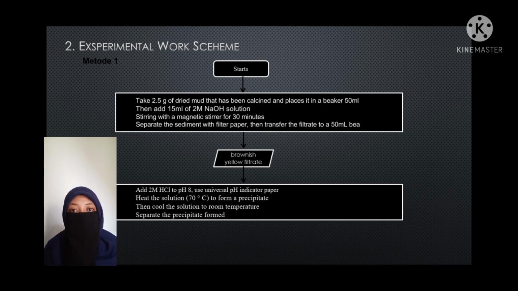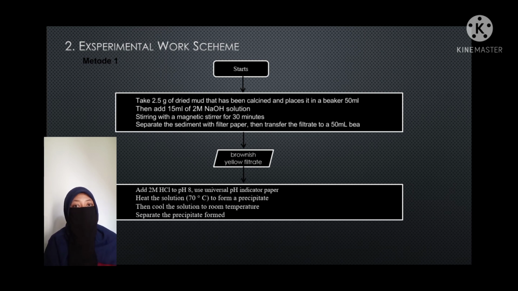Method 1, start. Take 2.5 grams of dried mud that has been calcined and place it in a 50 ml beaker, then add 15 ml of 2M NaOH solution, stirring with a magnetic stirrer for 30 minutes.